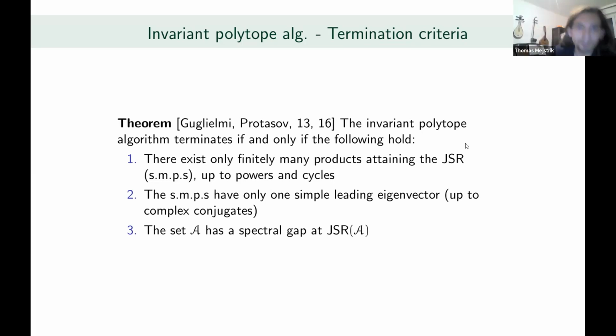If these three conditions are satisfied, then we know it terminates. Unfortunately, we have no characterization of the third point, the spectral gap, except that if this algorithm terminates, then there is a spectral gap. And the same for the tree algorithm from before: if it terminates, then there's a spectral gap.